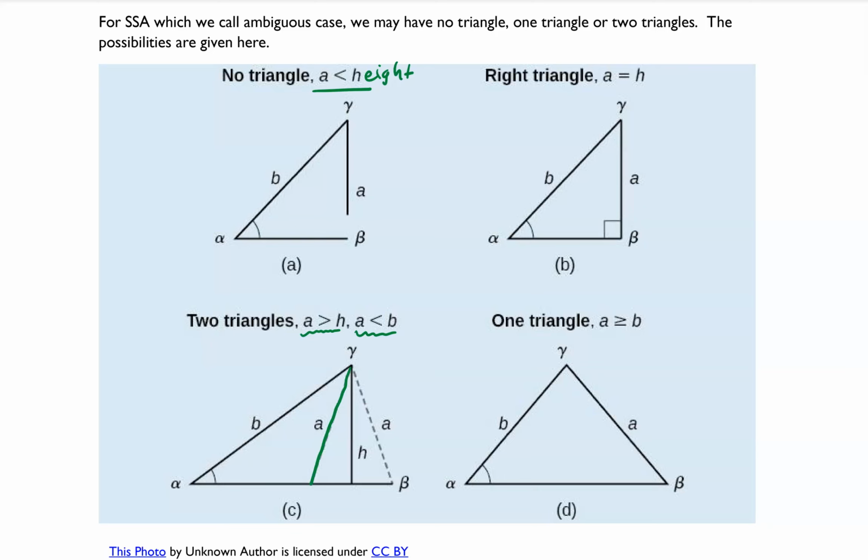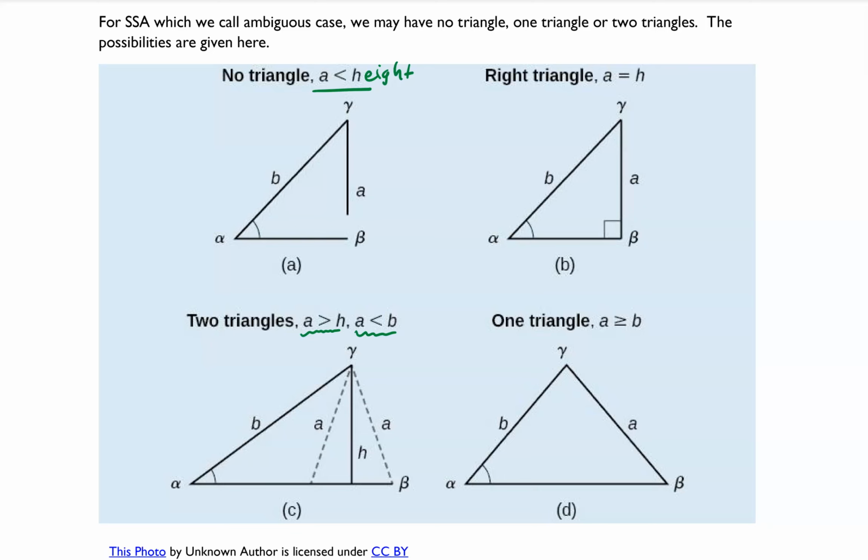So you can really form two different triangles. Sorry, let me outline them. So this is one possible triangle, or there could be this triangle here that would satisfy the conditions that are given to you. And then the last case is if a is greater than or equal to b, then you have one triangle that looks like that.